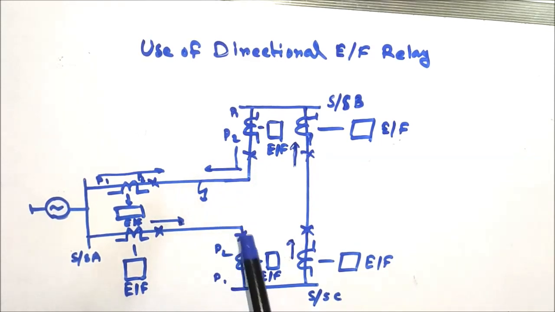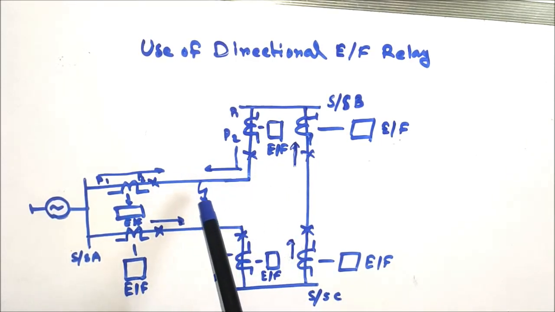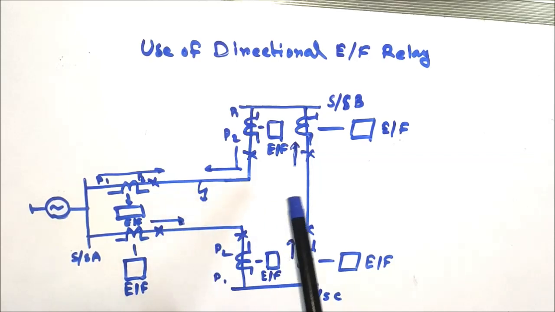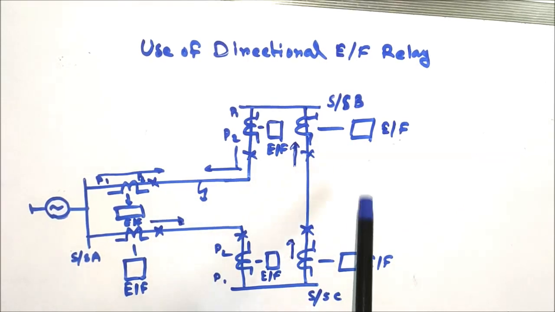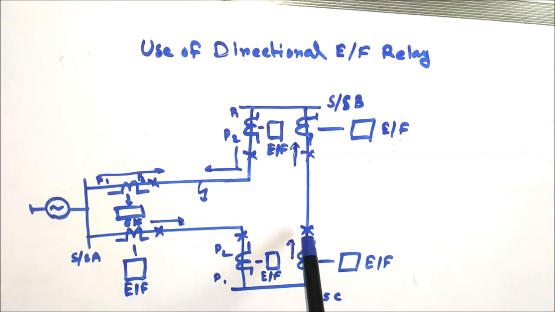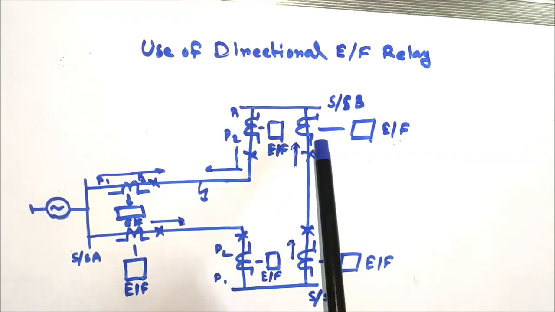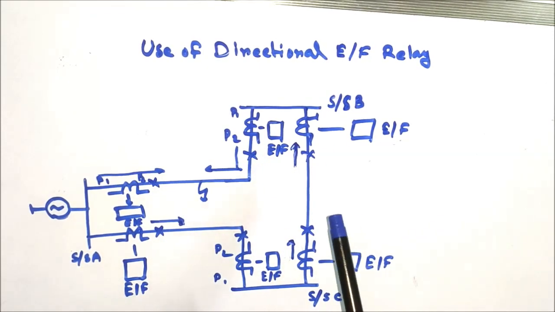But due to the use of non-directional relays and due to the fault at this point, this relay and this relay also sense this fault and this circuit breaker will be tripped under fault condition. So this is the maltripping of this section. So here the non-directional relay cannot be used.